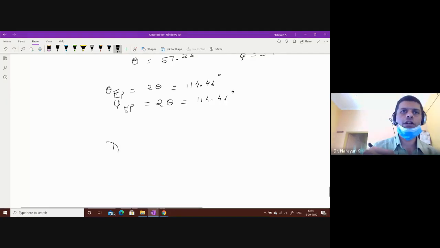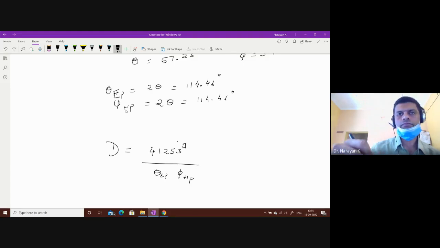So now what I have to do? Find the directivity. So what is your directivity? 41253 square degrees divided by 114.46 into 114.46.